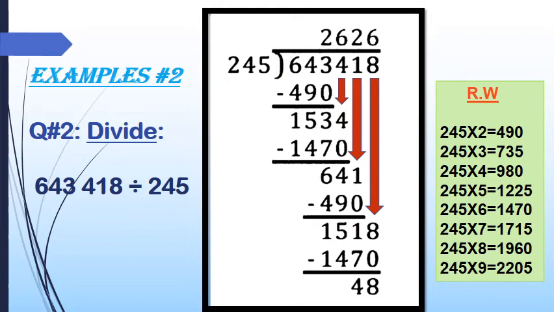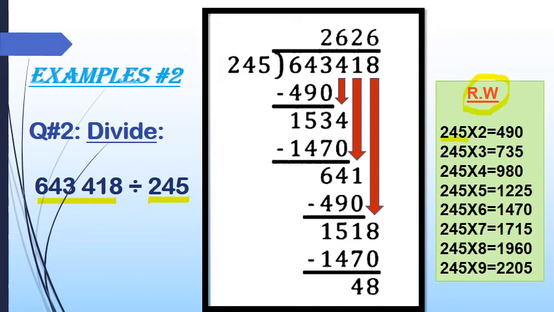Now here is another example, number 2, where 643,418 is divided by 245. So first write the table of 245 in the rough column. It helps to divide the given number.